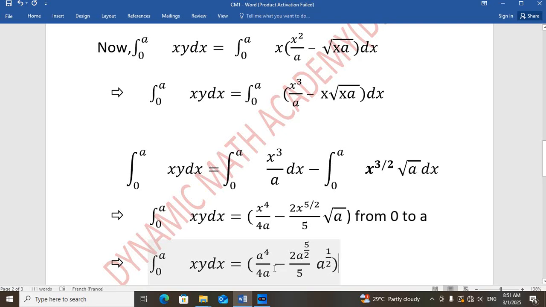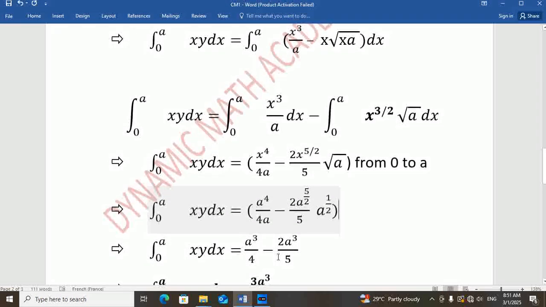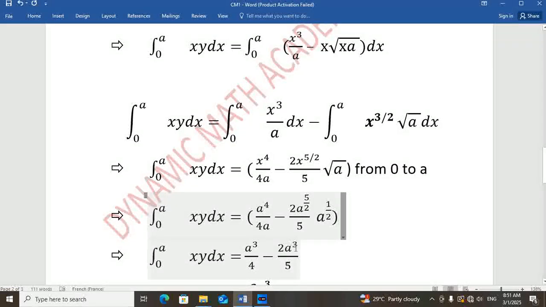So if you simplify this, we're going to have a raised to the power 3 on 4 minus 2a cubed on 5. Because you have a raised to the power 5 on 2 times a raised to the power half, which is the same as a raised to the power 5 on 2 plus half. Then 5 on 2 plus half will simply be 6 on 2. That's 3, which gives a cubed on 5.